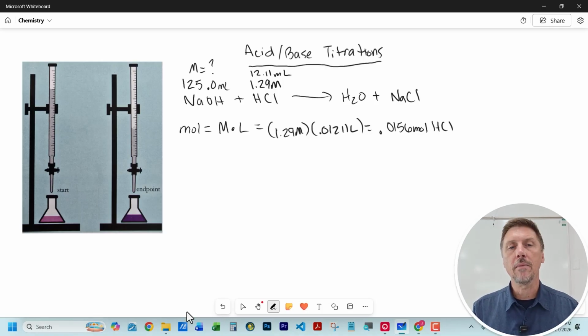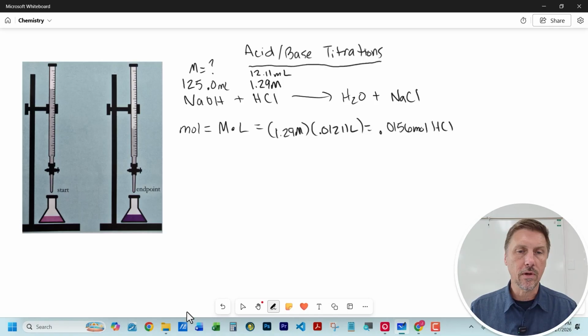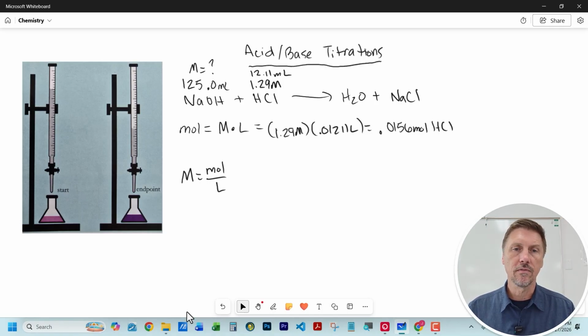And so if we're going to figure out the molarity of this one, and they give us the volume of it, what do we need to calculate the molarity? Well, again, our molarity equation looks like this. If they've given us the volume, which is the number of liters, we just need to calculate the number of moles.